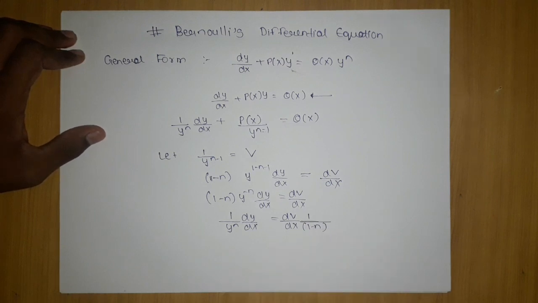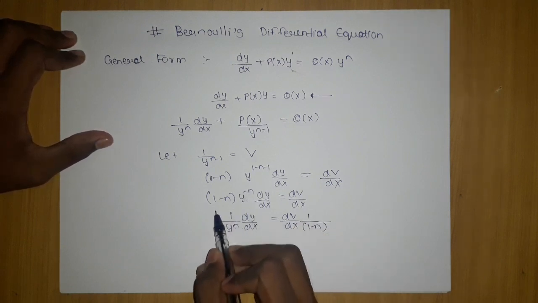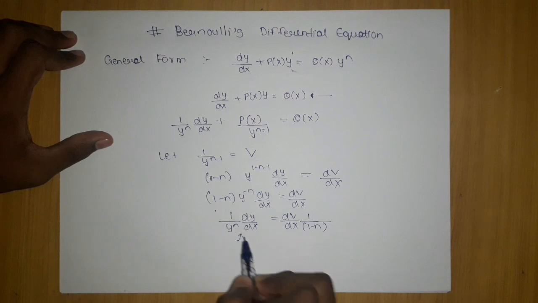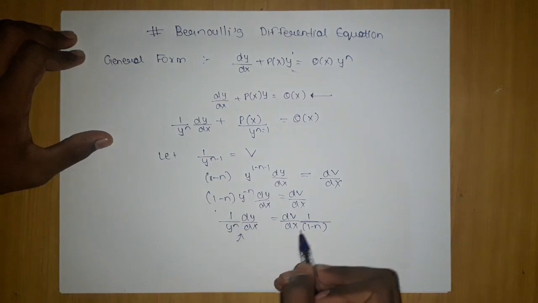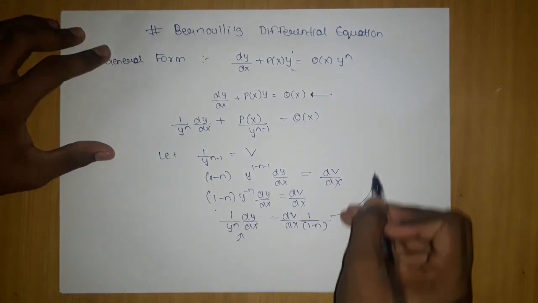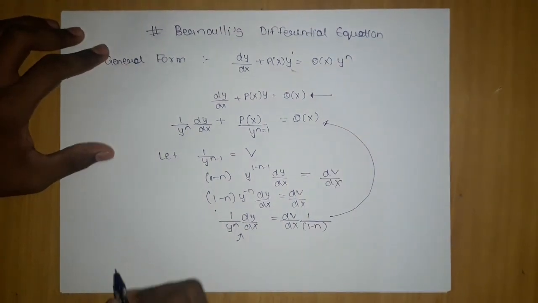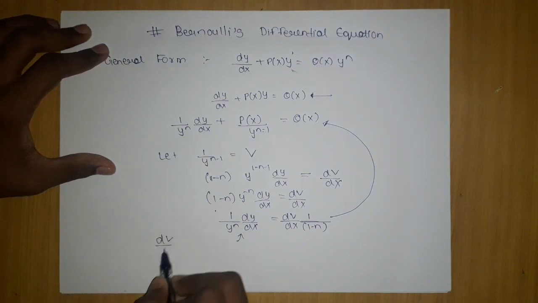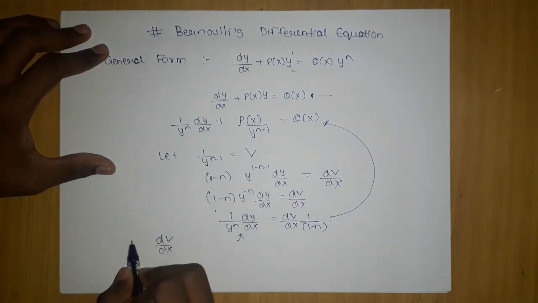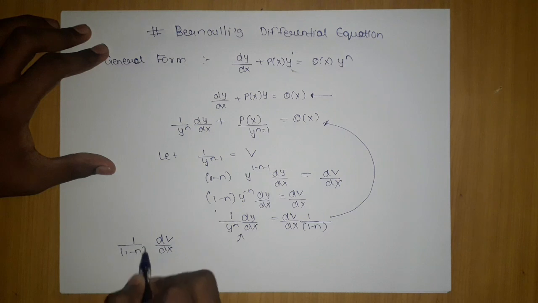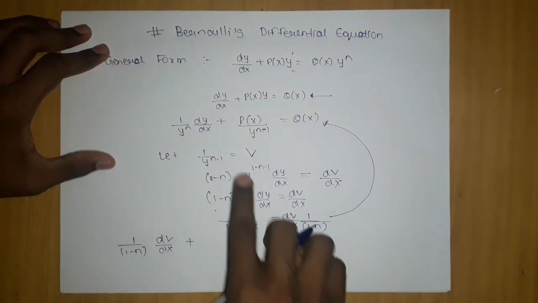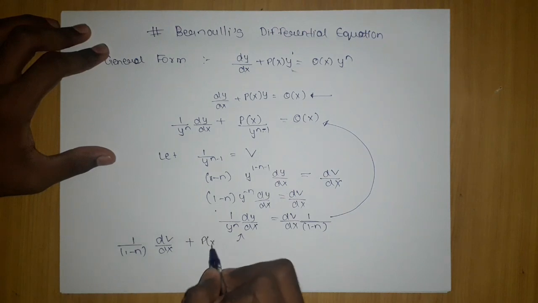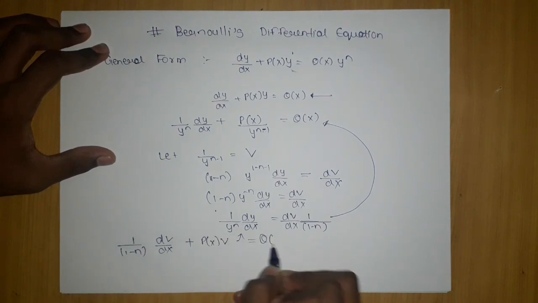So here you can see that we can substitute this thing by this. If we substitute this in the equation, we get dv/dx upon 1 minus n plus, since we have substituted 1 upon y power n minus 1 as v, p of x into v equals q of x.